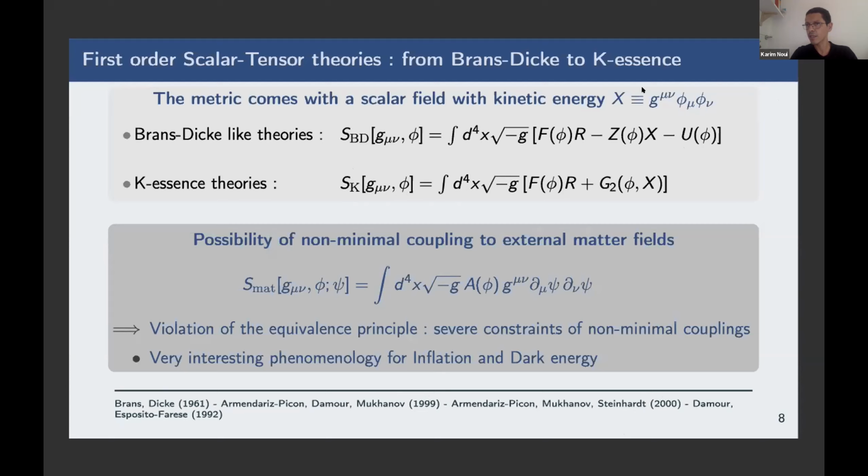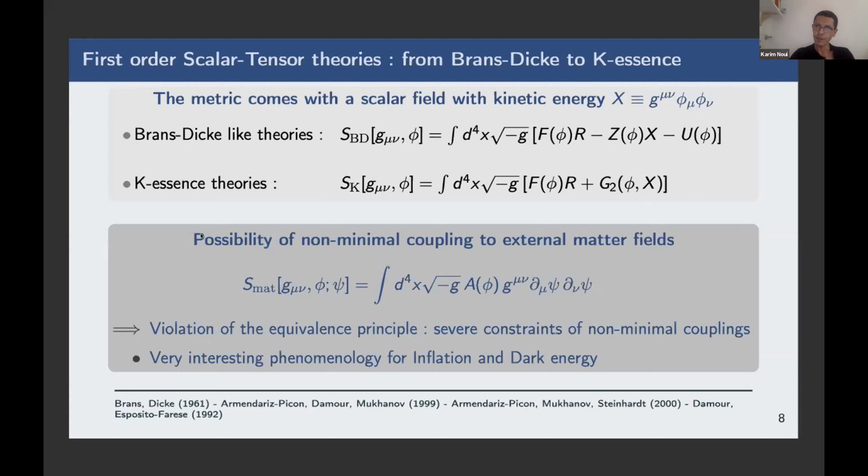You see in this action, the Lagrangian is linear in X, and X is the kinetic energy somehow. And naturally, people considered an arbitrary function G in terms of phi and X, which can be non-linear in terms of X. And considering this kind of theories is extremely interesting because the phenomenology of this theory is very rich, and you can do a lot of nice physics with them.